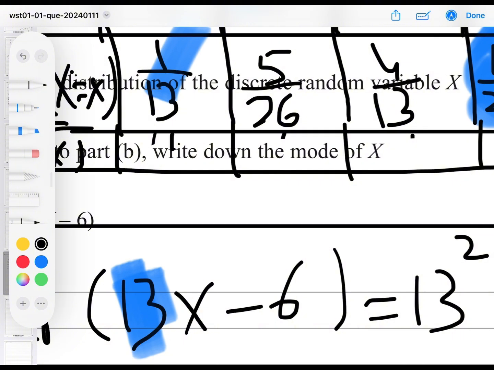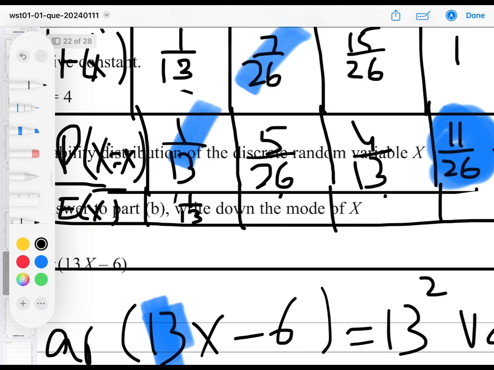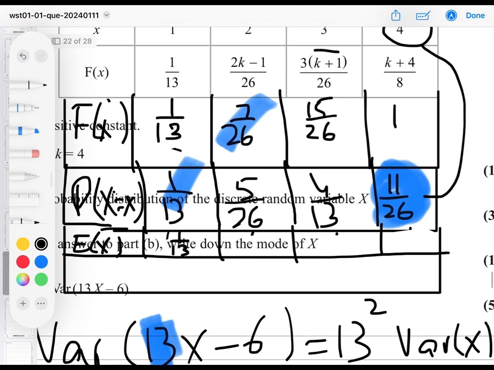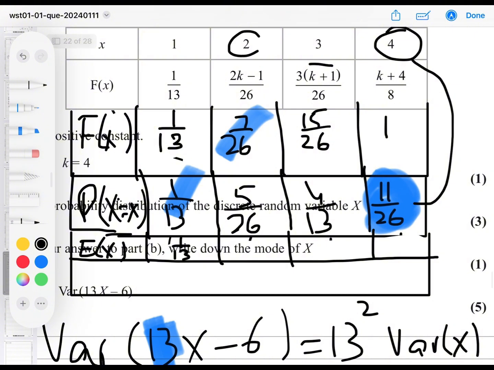So this one will be 1 upon 13, and then 5 upon 26. By multiplying 5 upon 26 with 2, these are the values for x, this will result in 5 upon 13.